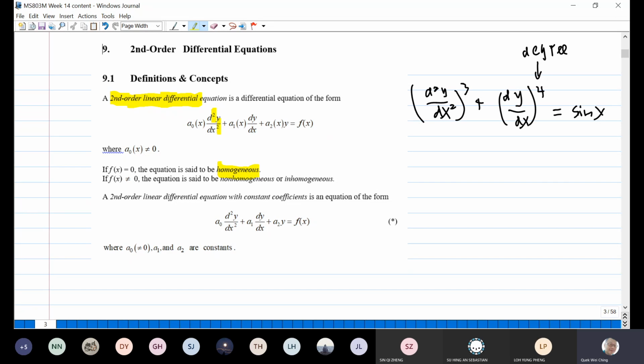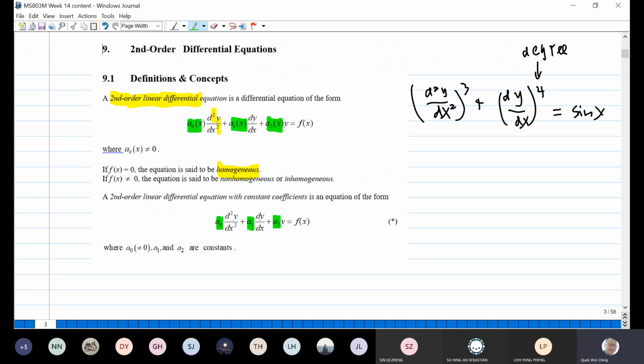Okay, then in particular we are looking at what happens if a0, a1, a2 are just constants. That means that instead of a0(x), a1(x), a2(x), suppose they are just numbers. So this is a differential equation with constant coefficients, and we focus on constant coefficients, and especially a0 not 0, right?